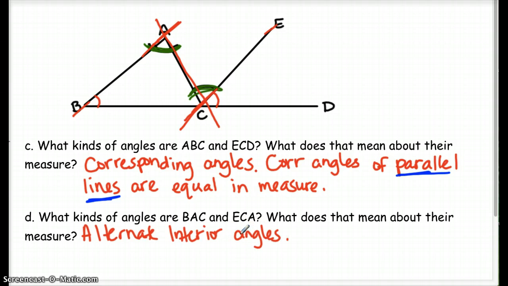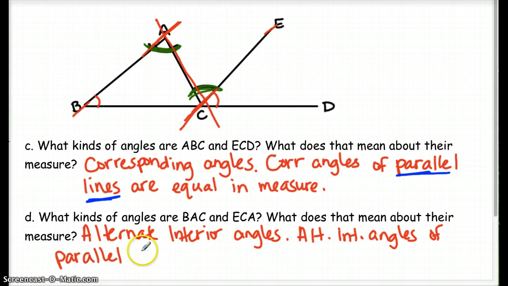And then what does that mean about their measure? I'll abbreviate this one. Alternate interior angles of parallel lines, again they have to be parallel, are equal in measure.